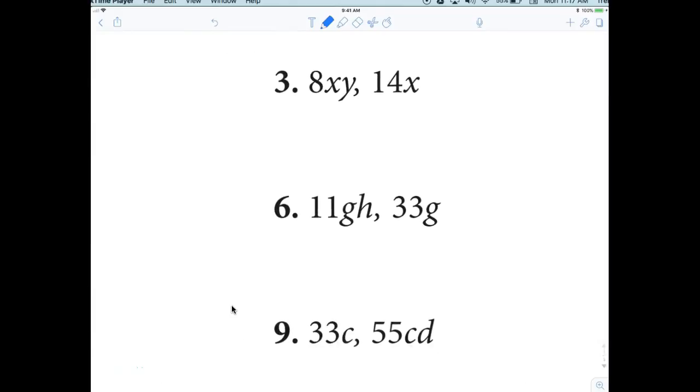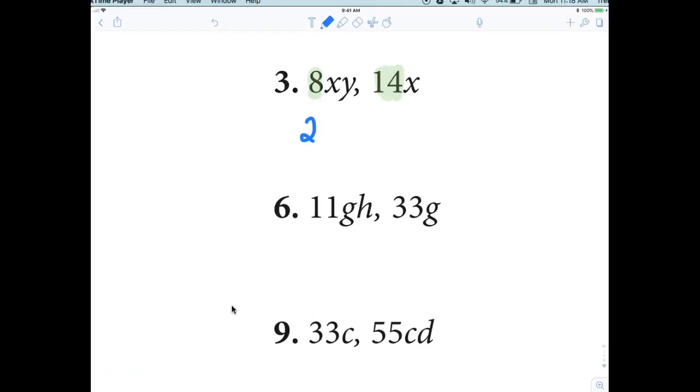The first thing I want you to do is highlight the numbers, 8 and 14. It is 2. Very good. So we're going to write down 2. I'm not there yet. The common factor for the numbers is 2. Now we move into the variables. There is an xy in the first term, and there is an x in the second term.